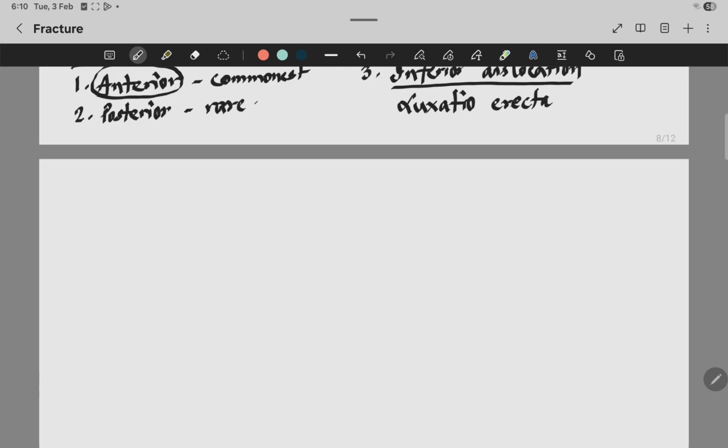Next we will study the mechanism of shoulder dislocation.